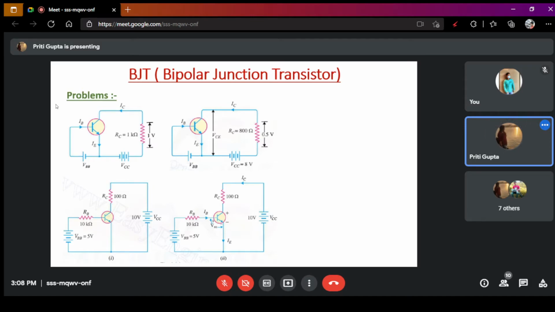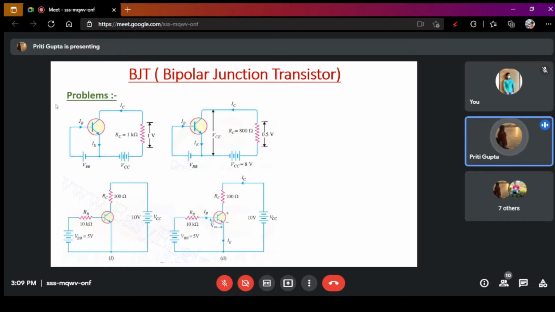Yes or no? So write down, base current IB is equal to IC by beta. Beta is already given, 45. We need to calculate IC.